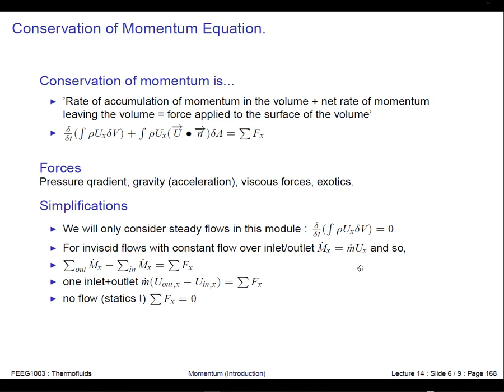Okay, and if we can do that, we end up with a simplified version like this, and if we've got one inlet and one outlet, there's the same amount of mass flowing in and out due to mass conservation, and we can simplify our momentum equation like this. So this is all that's required for momentum conservation.